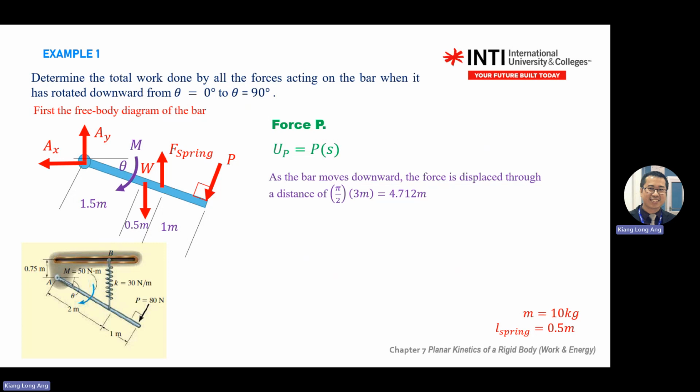Okay. So 2 pi equal to 360. Pi equal to 180. Half pi equal to 90. This is radian. So you know distance traveled.